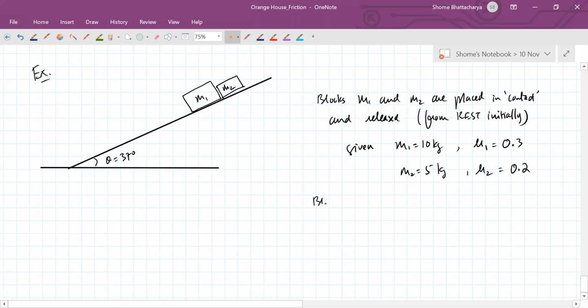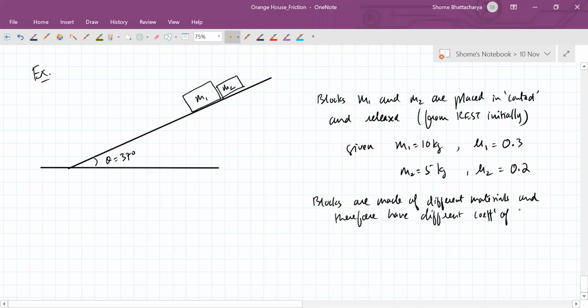So the blocks are made of different materials and therefore have different coefficients of friction. Take g as 10 meters per second square.